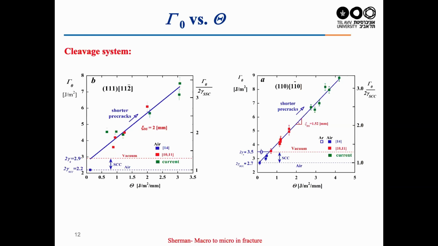The same goes for 1-10. And look at the slope. The slope here is 1.52. This is CDS, we call it CDS. The slope here is 2. This is due to atomistic arrangement at the crack front vicinity. Okay.